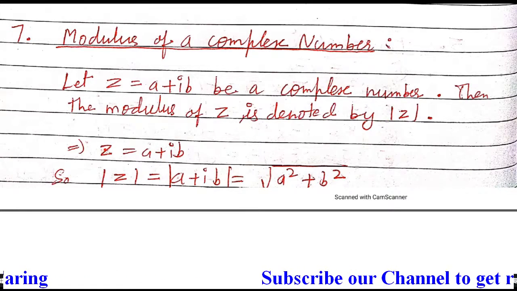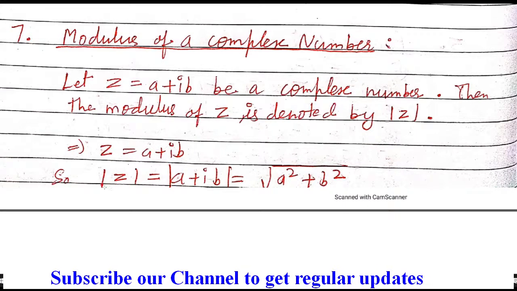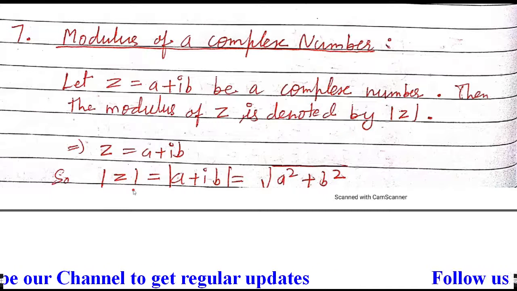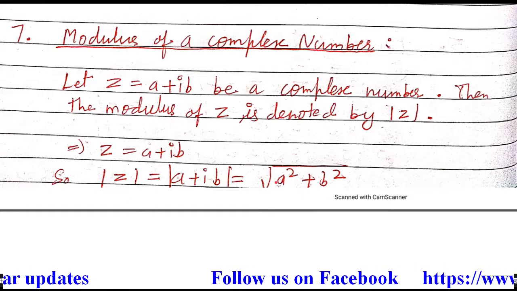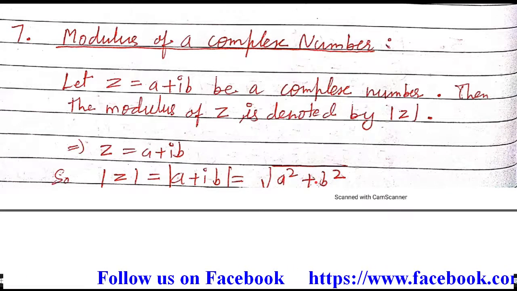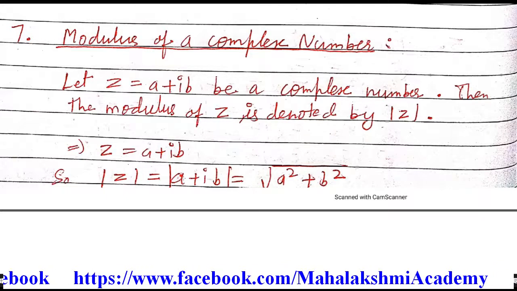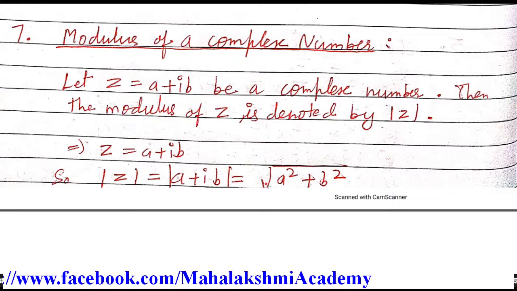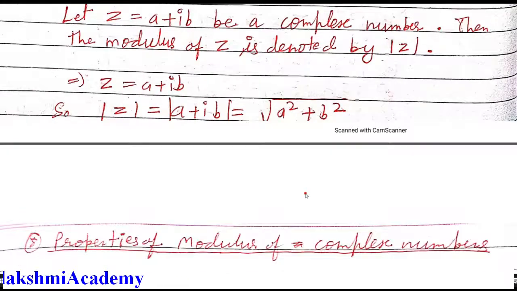So the modulus of z = a + ib is the square root of real part square plus imaginary part square, that is |z| = √(a² + b²). It's a formula to find the modulus.